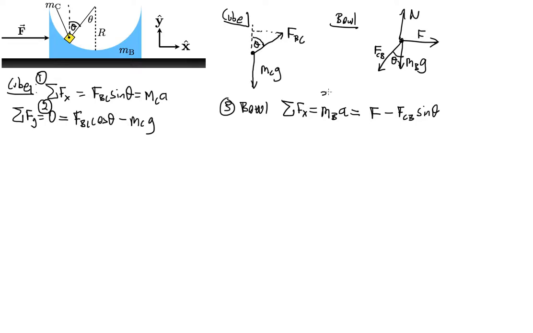So everything's good. The very first thing I'm going to do is I'm going to plug 1 into 3. And I get FBC sine theta, and here's FCB sine theta.